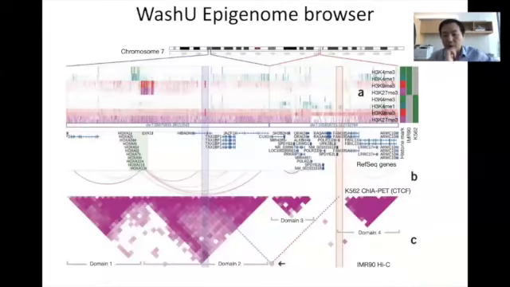So another really great resource is the WashU Epigenome Browser. Again, it was invented by my close friend Ting Wang from WashU. The advantage of the WashU Epigenome Browser is that Juicebox is an application, and I think they have begun to also have a web application as well, but the WashU browser is really browser-based.